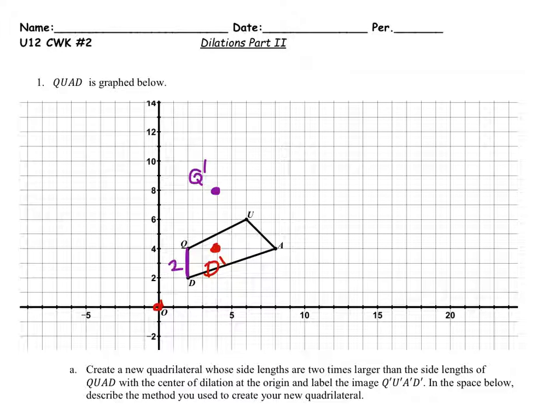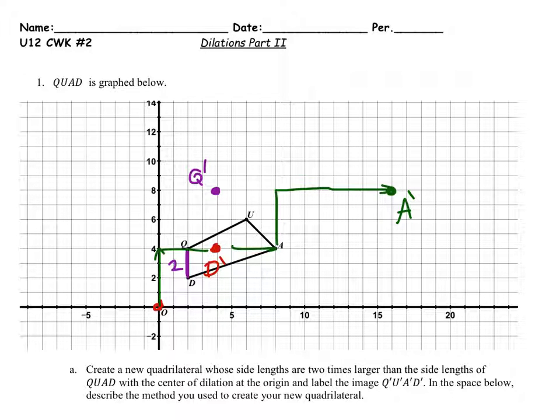Another way to do this, I guess it's the same way, but for A, we can see that it went up 4 and then to the right 8. So we're just going to double that. We're going to go up another 4, and we're going to go to the right another 8. So this point, let me clean that, is A prime.